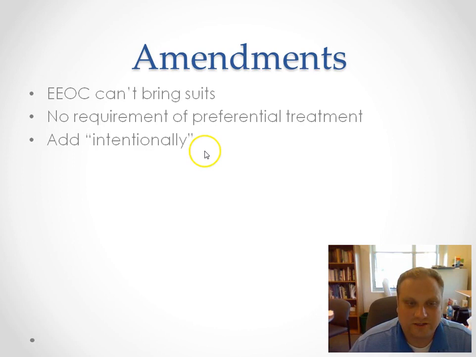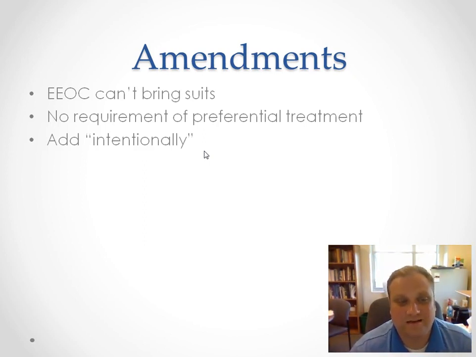Intentionally discriminate. There is a difference between intentional and unintentional. And so you could have a negative effect, right, through institutional racism, but a lot of times institutional racism is not intentional, and it's hard to prove intentionality. So it just made this a very difficult thing to enforce. But it got something. It got through.